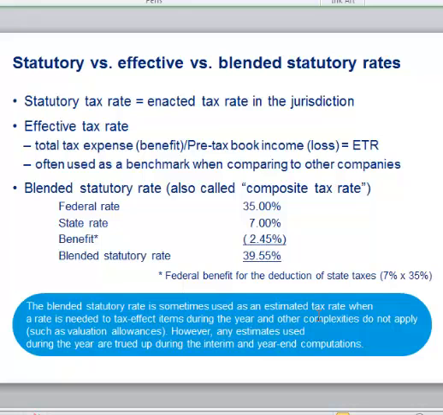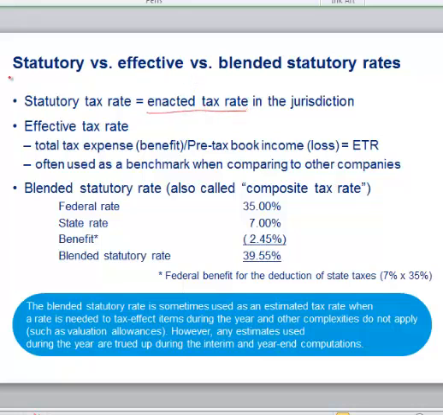Okay, so this will probably seem a little remedial, honestly, but a couple of terminology points. Hopefully this is pretty straight by now in your head. In the first class, we talked about differentiating statutory rate from effective rate. And I think at this point, you all get that the statutory rate is the enacted rate.